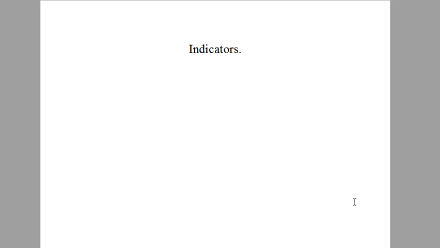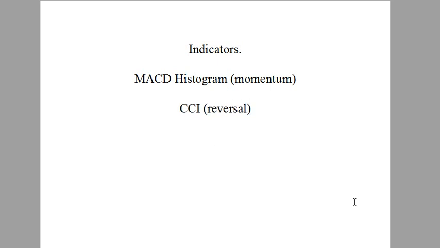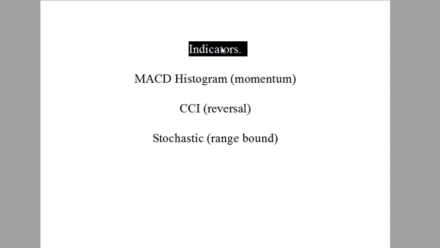If you watch me for any length of time, you probably know that I look at MACD histograms for my momentum trading. For trend reversals, I'll look at a commodity channel index. For range-bound trading, I'll look at a stochastic. And even when it comes to indicators, I think these are just other ways of looking at support and resistance.